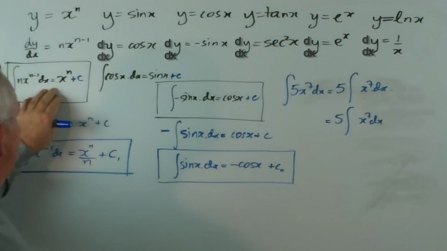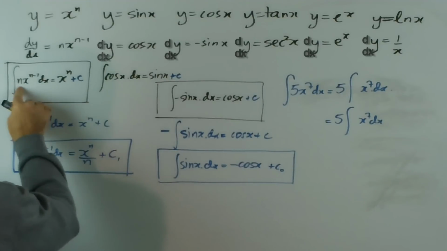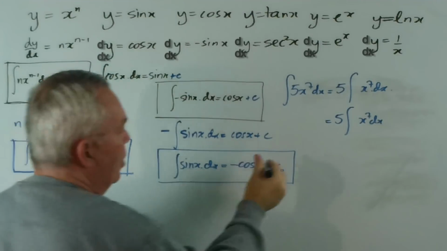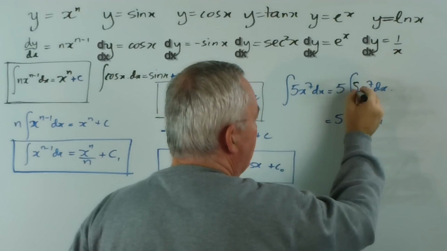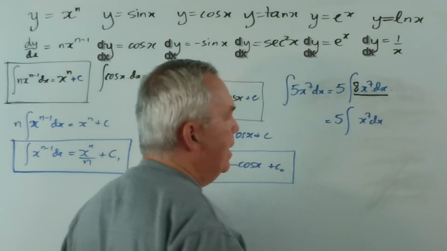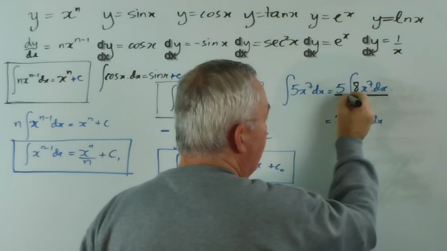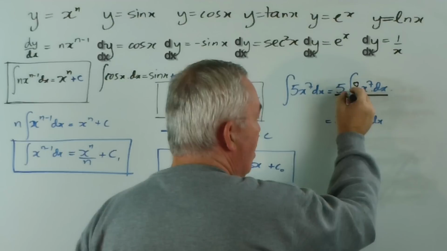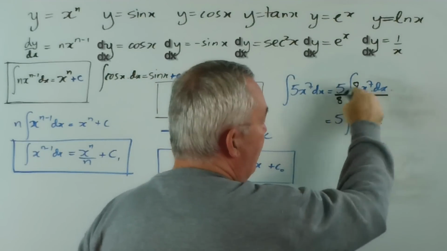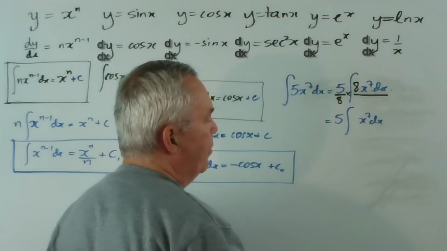The top method, the first method, would say we want to see this pattern with the n inside. And remember, we expected to have an 8 here. We would like to see the integral of 8x to the power 7 dx. Now if we introduce an 8 here, we have to divide by 8 on the outside, remembering that this is multiplied, and 5/8 of 8 is 5, or the 8's divide out, however you wish to think of it.